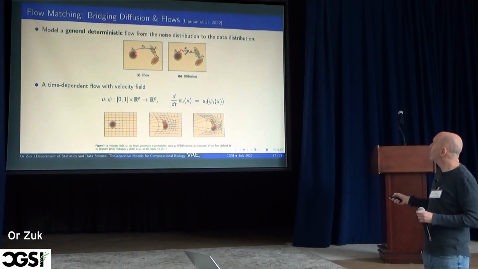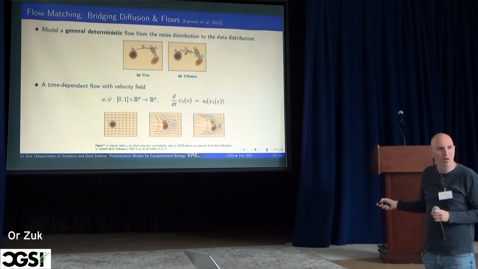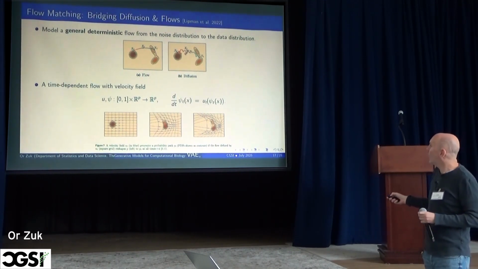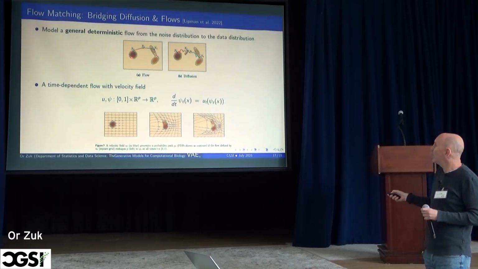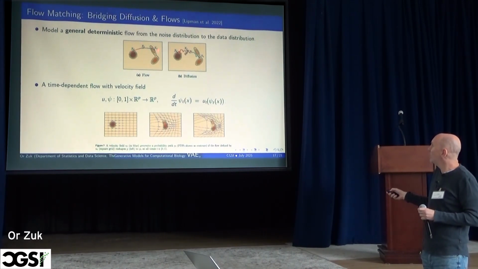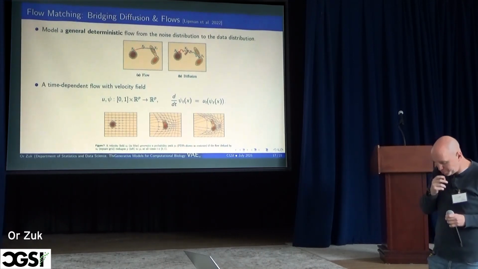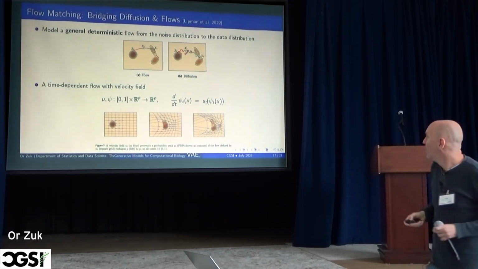In flow matching, we go from the simple distribution to the complicated distribution via a deterministic flow, right? So you have randomness when you sample your initial sample from the simple distribution, but once you have sampled it, it determines your point in the complicated distribution deterministically, right? So that's a simplification.